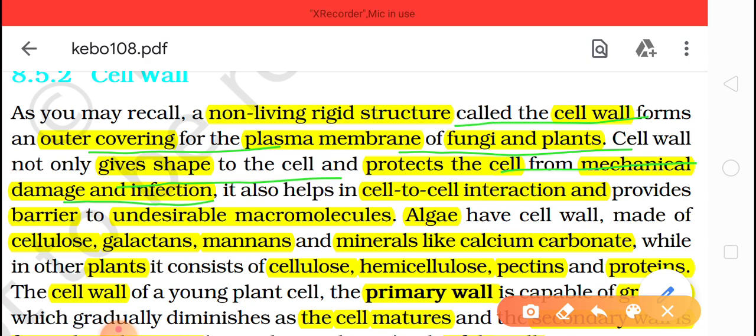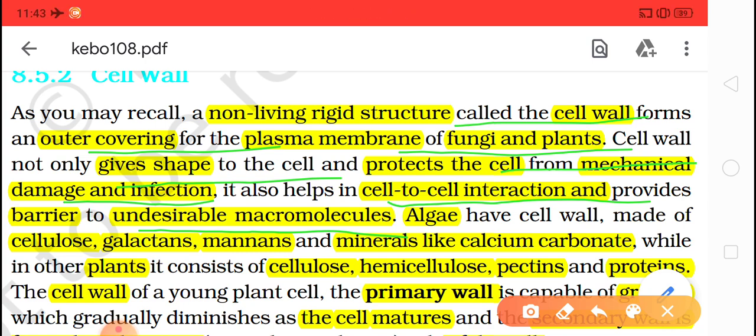It also helps in cell to cell interaction and provides barriers to undesirable macromolecules, those macromolecules which are not suitable for the cell. Clear about this?